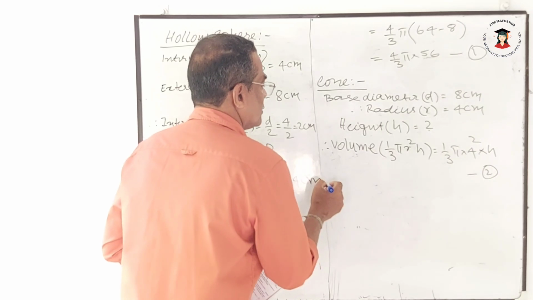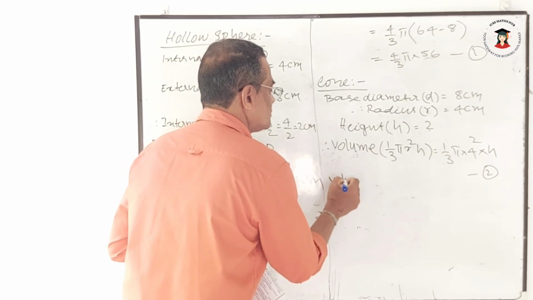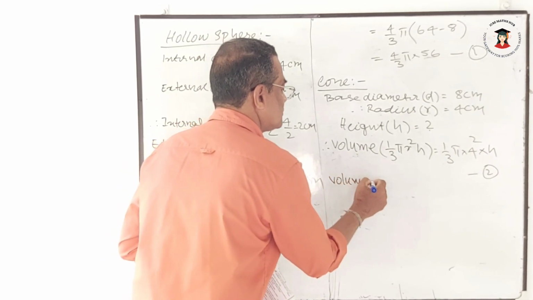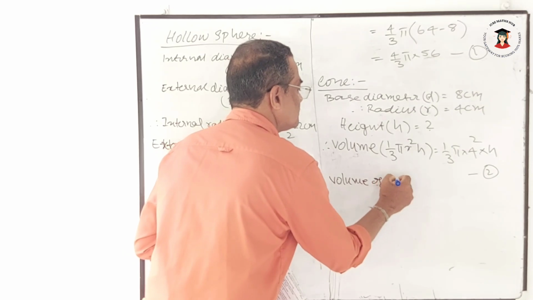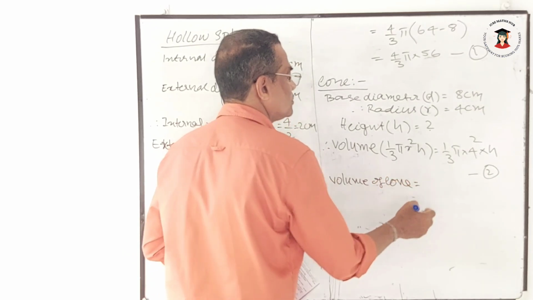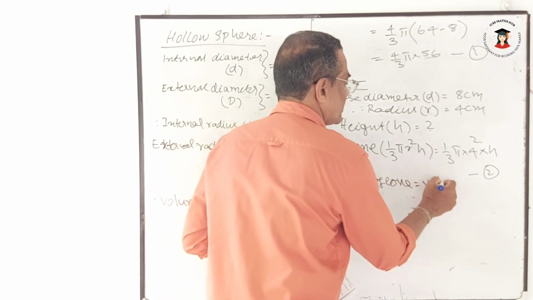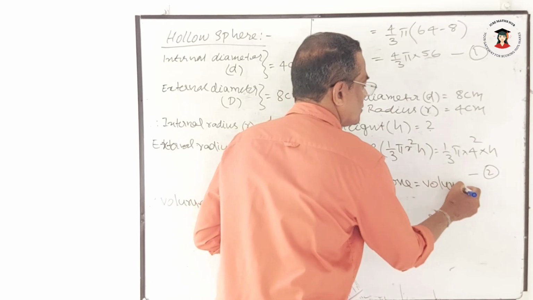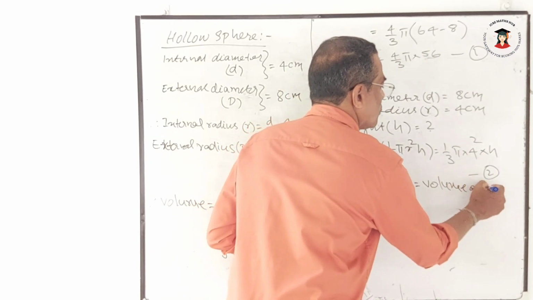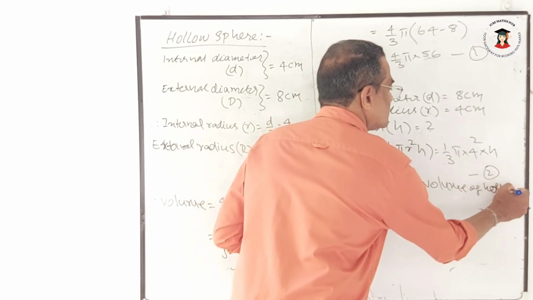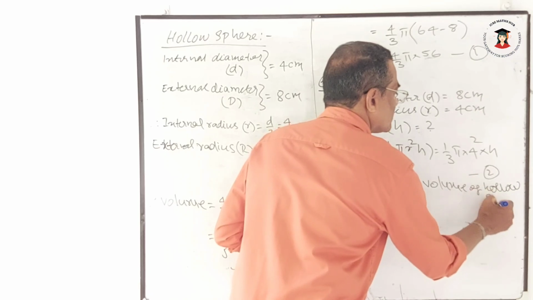Now, volume of cone is equal to volume of hollow sphere.